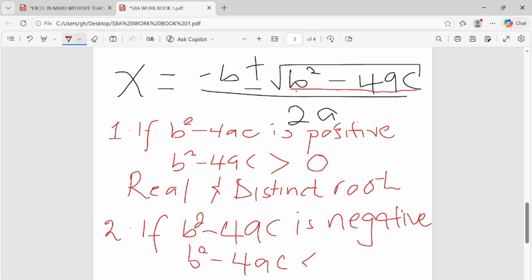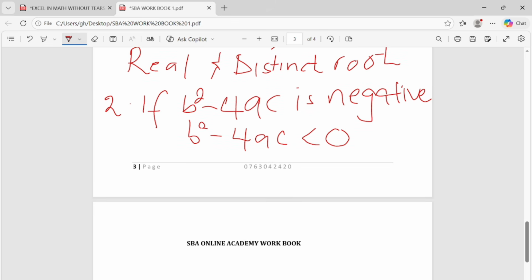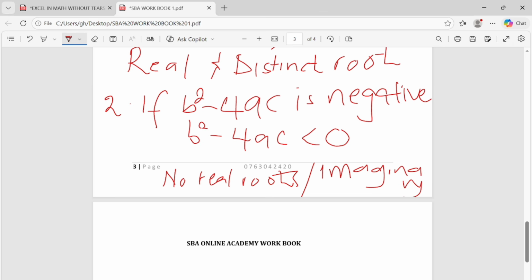If it is less than 0, we normally get no real roots. We can call them imaginary roots. If they are not real, they are imaginary. So you can call them that.